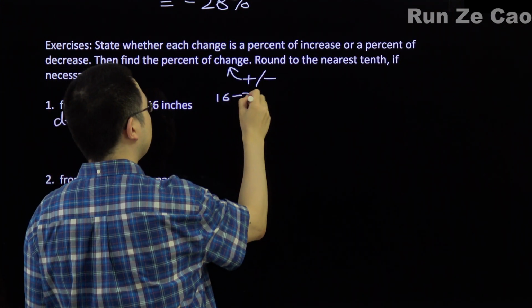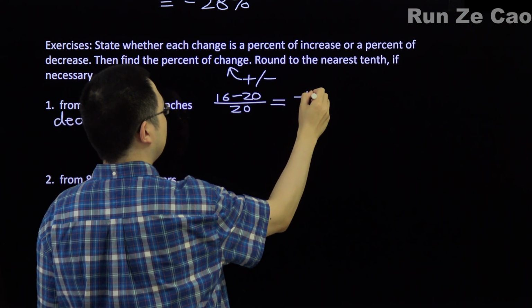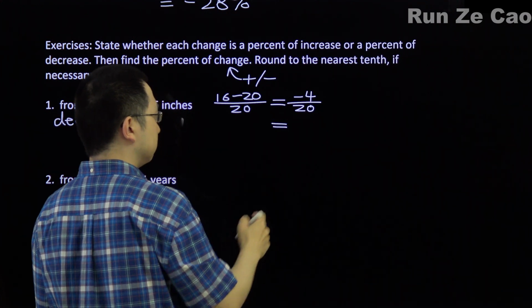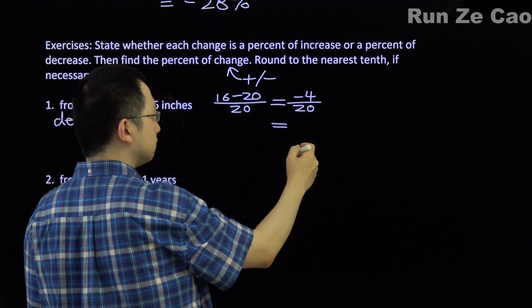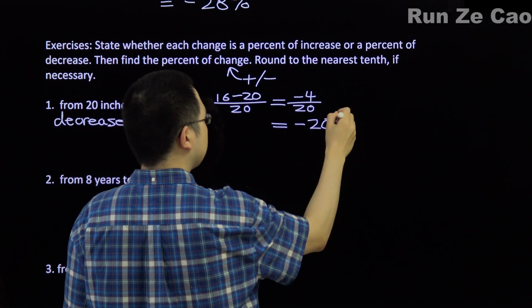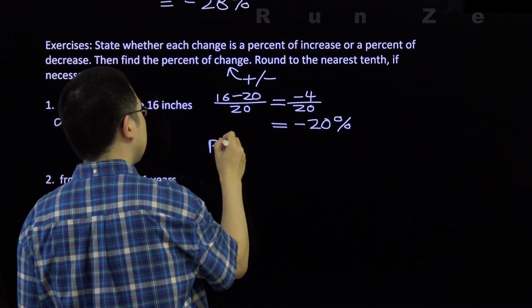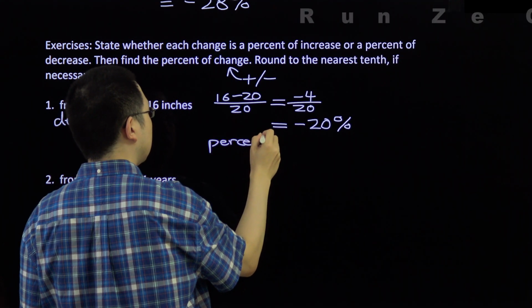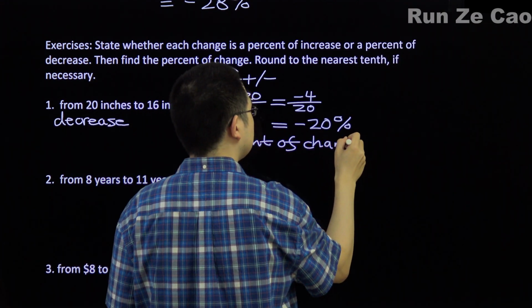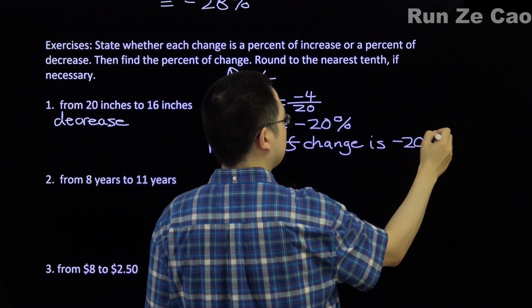It's 16 minus 20 over 20. So negative 4 over 20. Or how much over 100? Negative 20 over 100. So negative 20%. Percent of change is negative 20%.